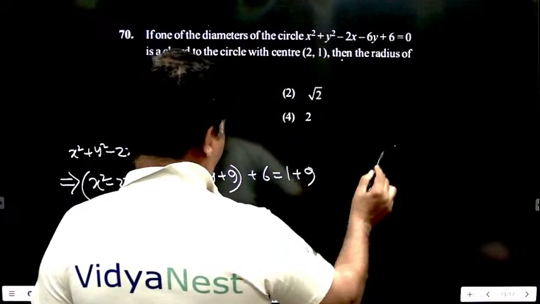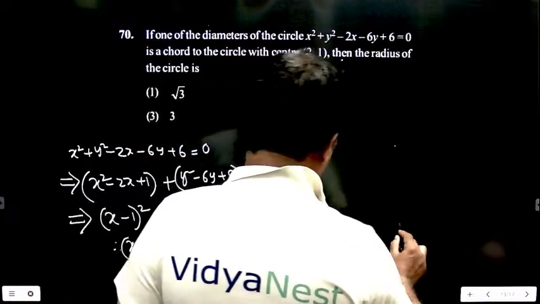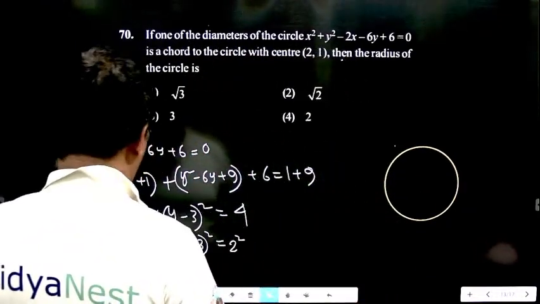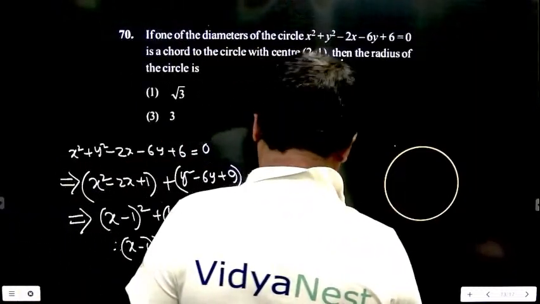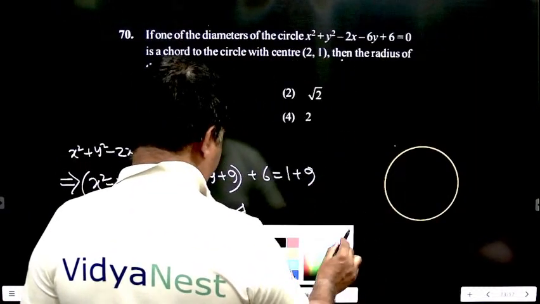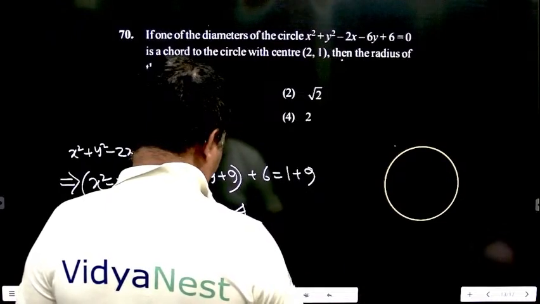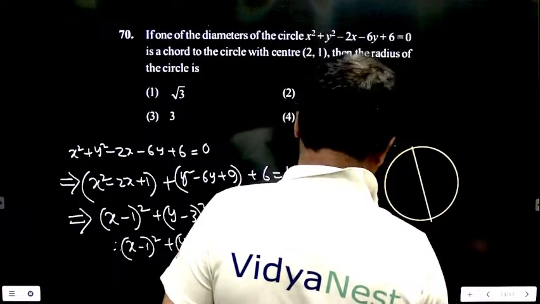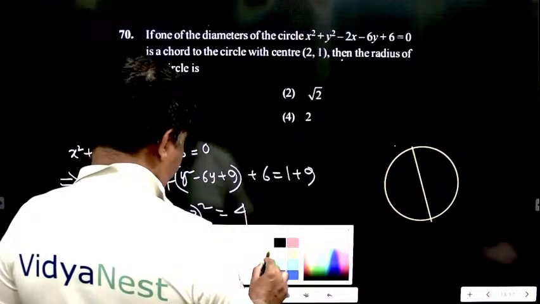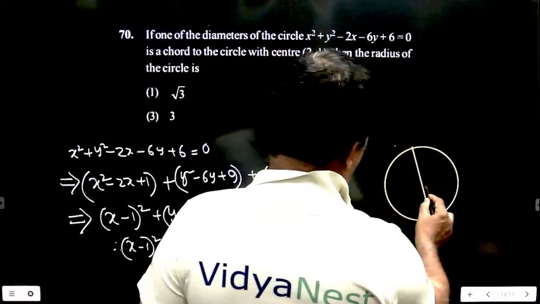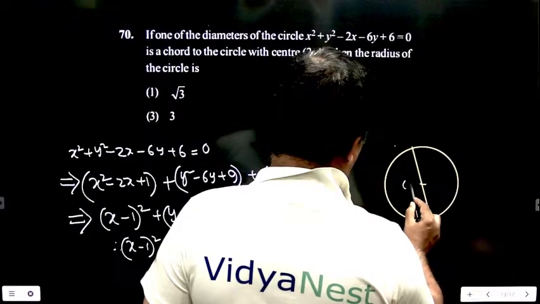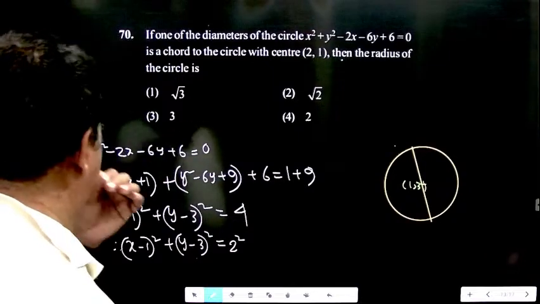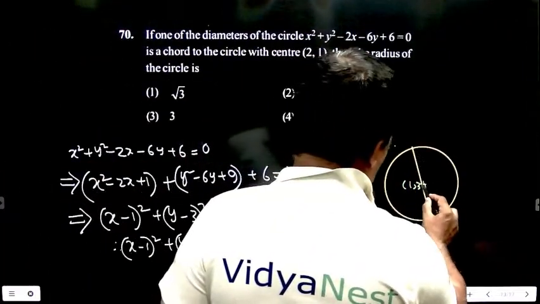A little bit mistake in figure. That is the circle, center 1, 3 and this is the diameter. Radius 2 means this length is 2.